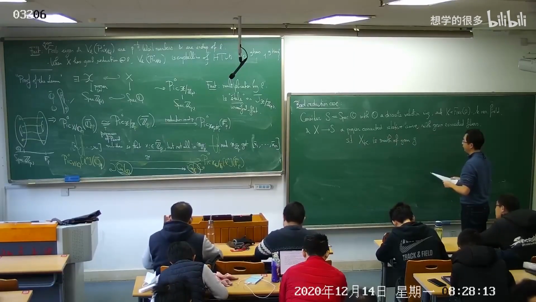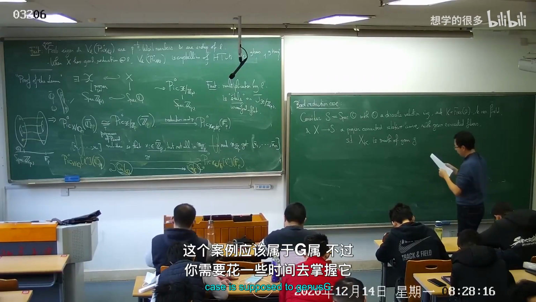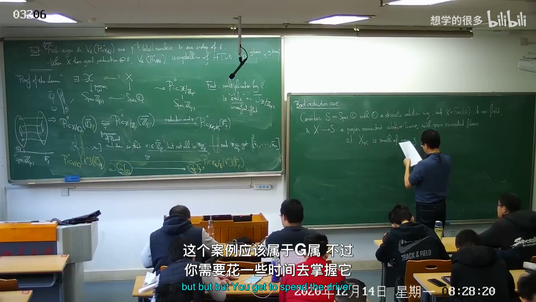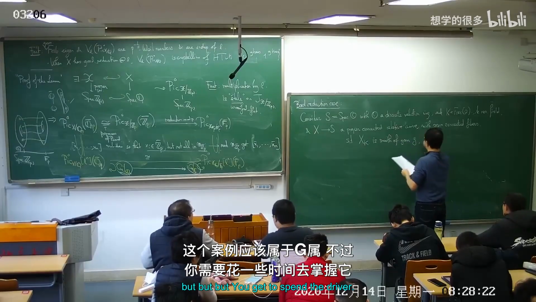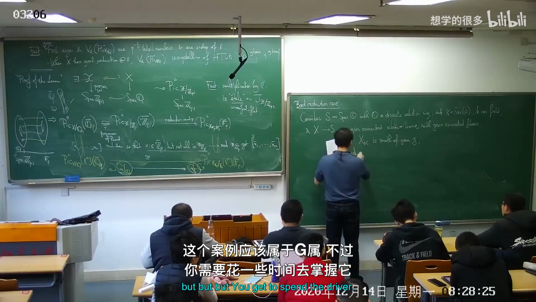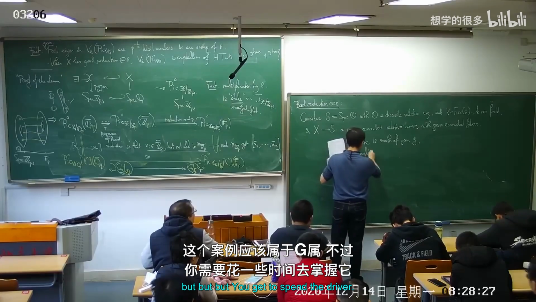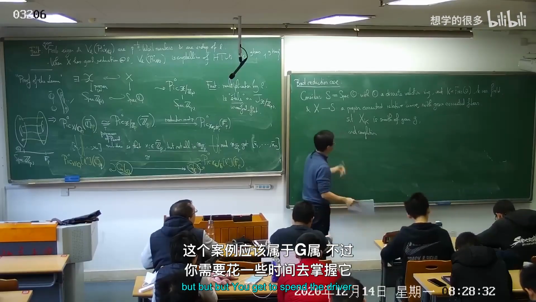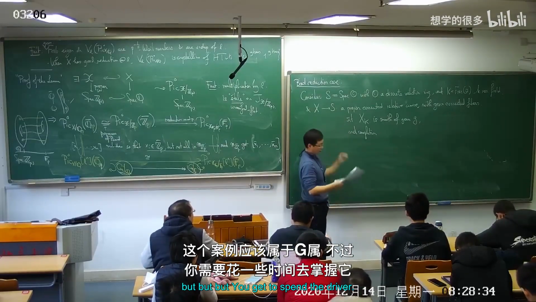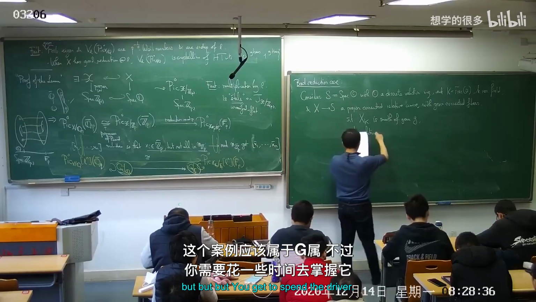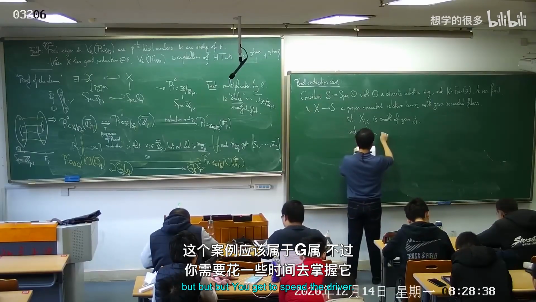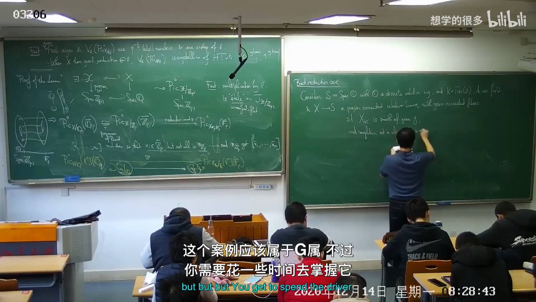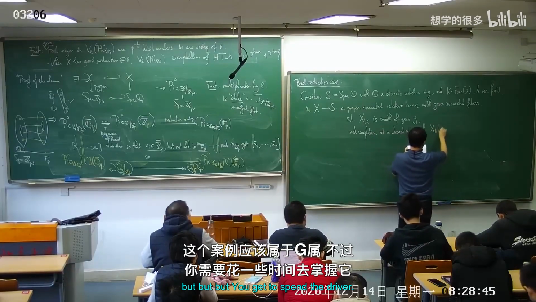So the generic fiber is smooth of genus g, but the special fiber does not need to be.